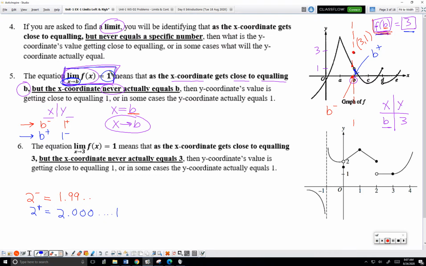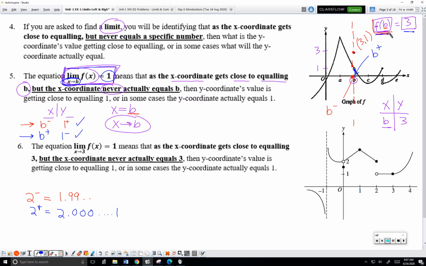Because on one side, the y-coordinate was just slightly more than 1. On the other side, the y-coordinate was slightly less than 1. So if I get closer and closer to an x-coordinate whose value is b, I will be getting closer and closer to having a y-coordinate whose value is 1. It's not until I get to exactly x equal b that the y-coordinate changes suddenly to 3.